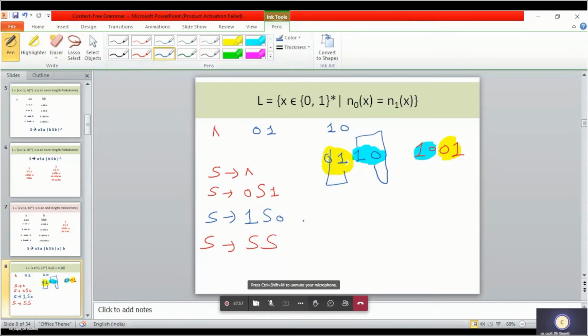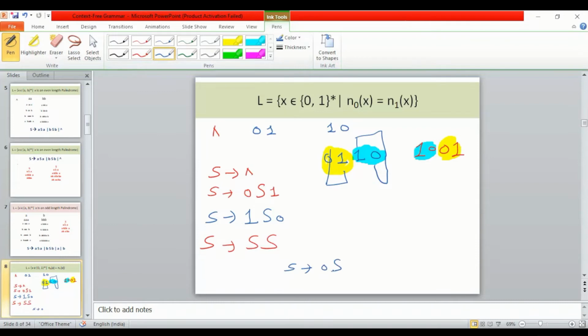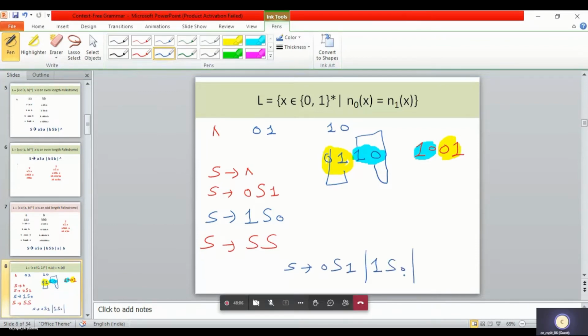So our final answer is that we have S, which is replaced with 0S1 or 1S0 or SS or null. This is your final answer with all the rules.